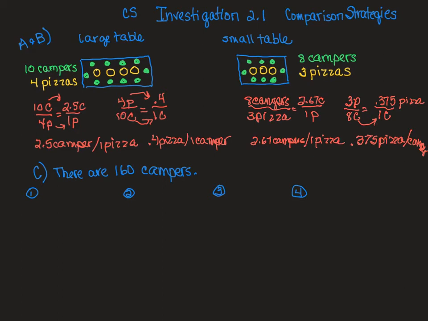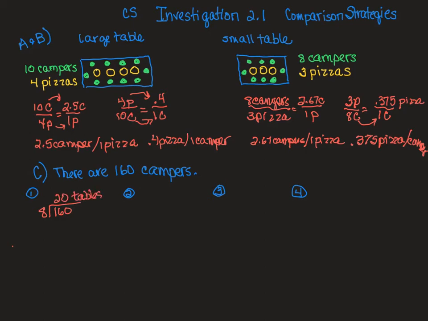So if I have 160 campers and they're all sitting at small tables, I have eight campers at a table. I have 160 campers. I'm going to need 20 tables.